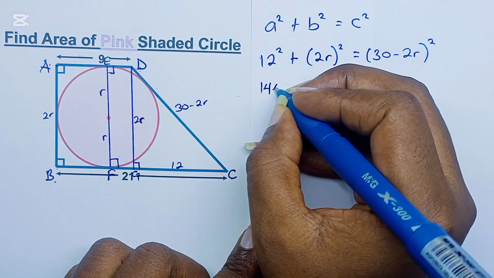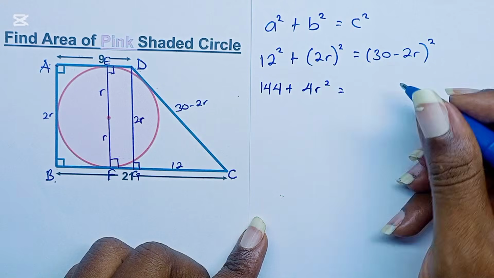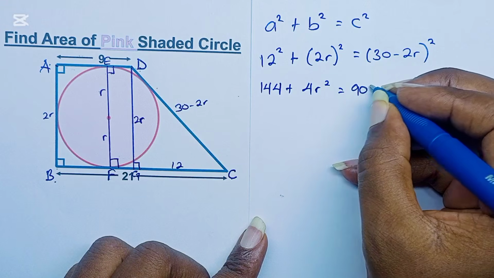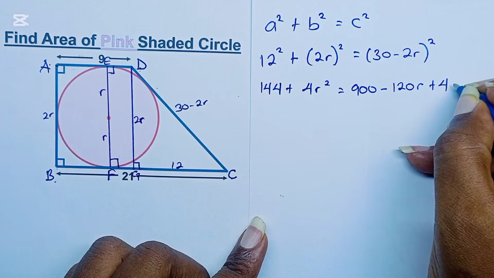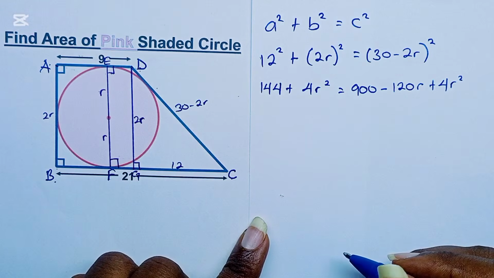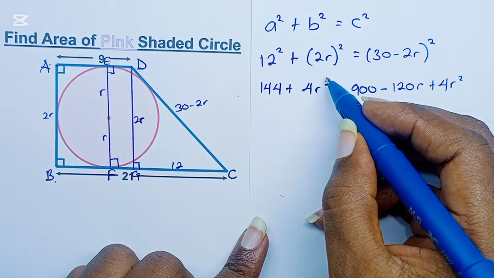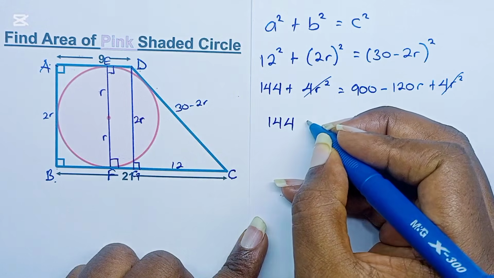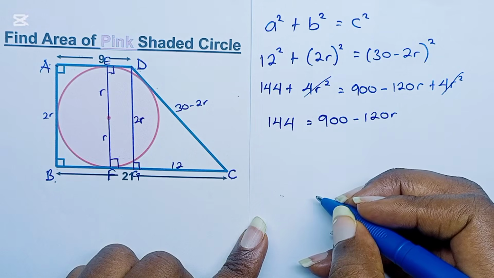So this is 144 plus 4r squared is equal to, when you expand this, 900 minus 120r plus 4r squared. We have 4r squared on both sides, so they cancel out. We're left with 144 is equal to 900 minus 120r.